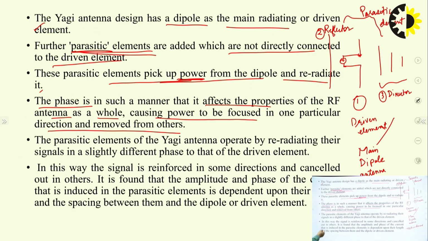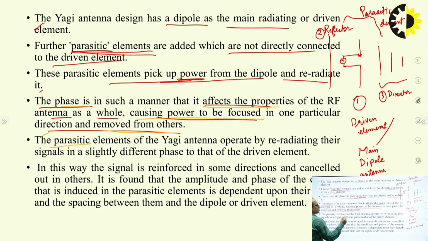Clear? So for these parasitic elements, the phase is in such a way that it affects the properties of the RF antenna, causing the power to be focused in one particular direction and removed from the others.